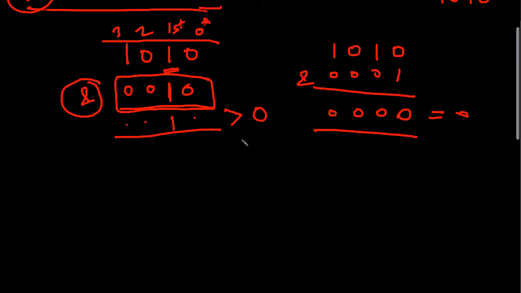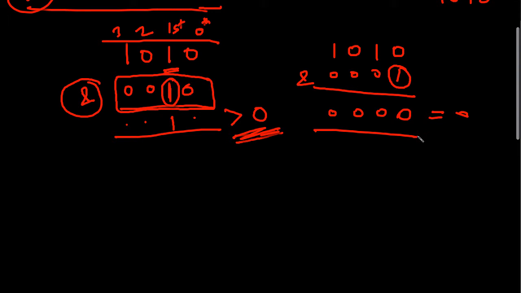In any case where I'm looking for a particular bit, if I end up with a number greater than 0, then I know that bit was set, and if I end up with something equal to 0, then I know that bit was not set.